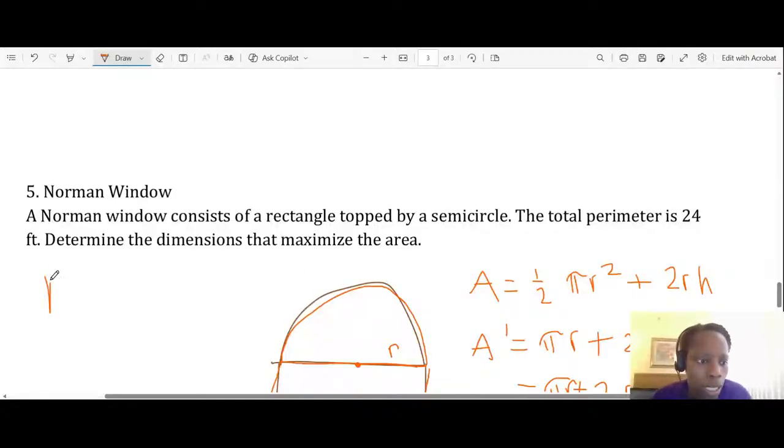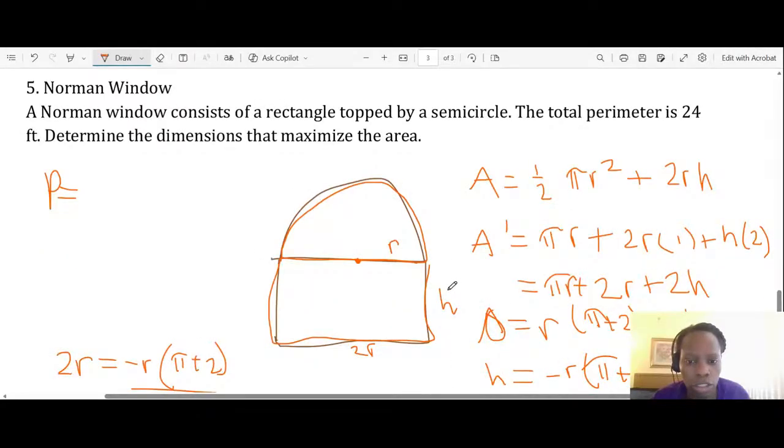Okay, so P, the perimeter. Interesting. So that's not including the inside. I'm not really sure. Because I know the semicircle is 2 pi r, right?